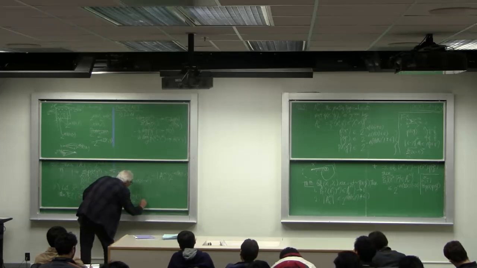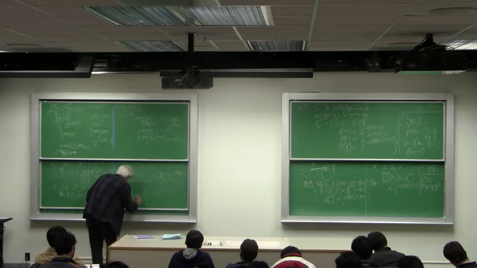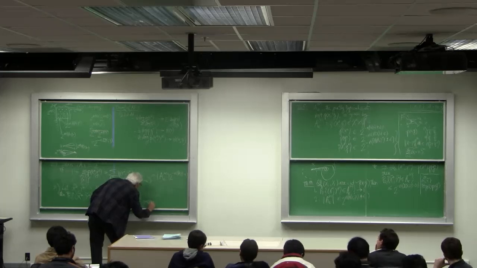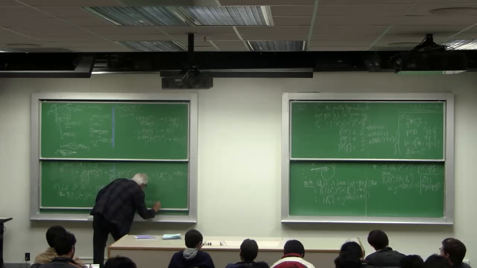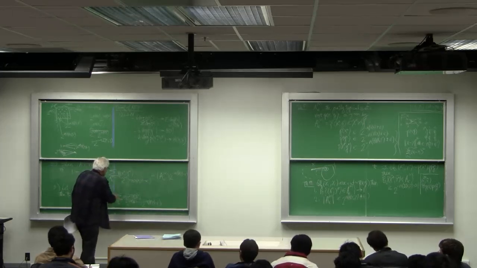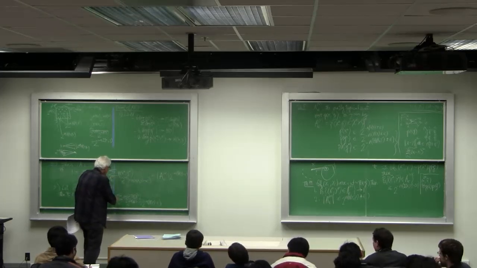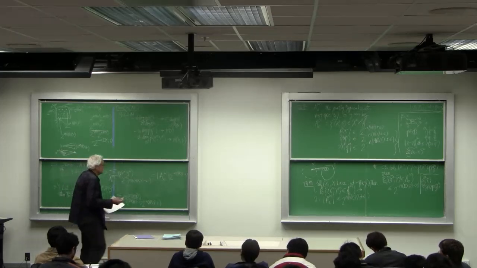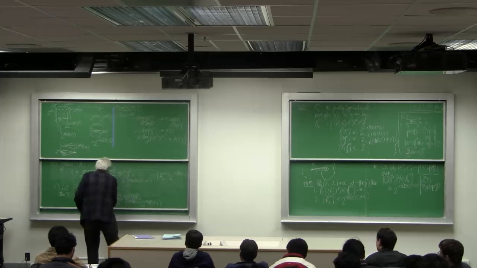And this quantity is less than 2 to the minus n h of y minus epsilon. And the number of terms is 2 to the n h of xy. So I ran out of blackboard.